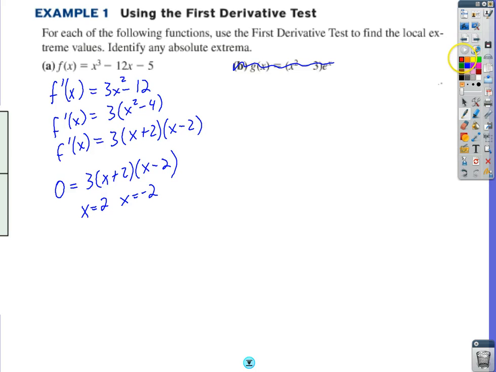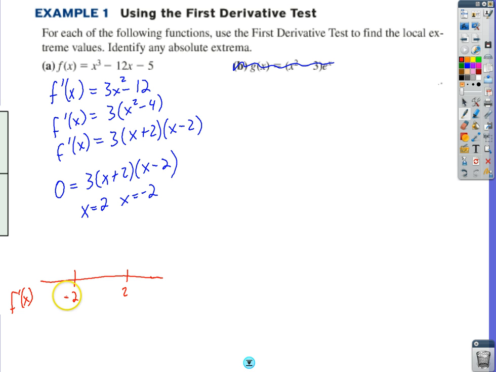Alright, so once I get that, what do I do? Well, what I like to do is set up a little table and graph, and take a look at negative 2 and 2, and see what's happening to the value of my derivative at those points and in between.